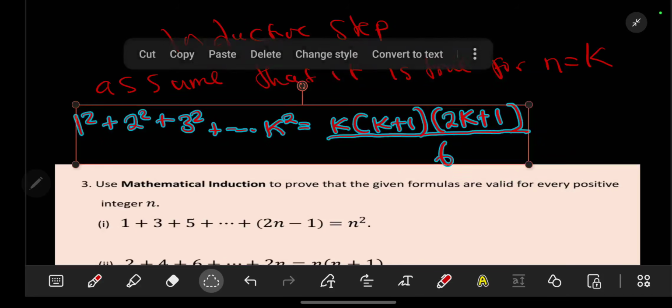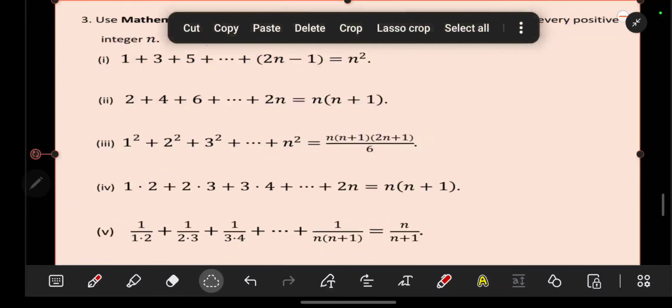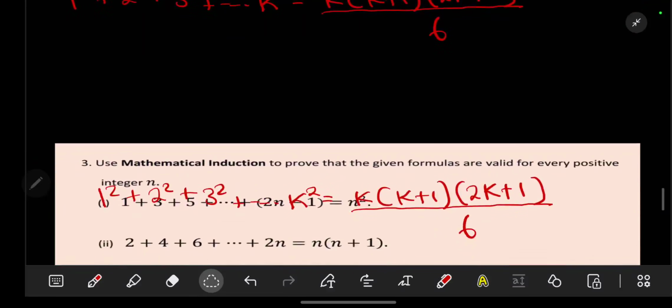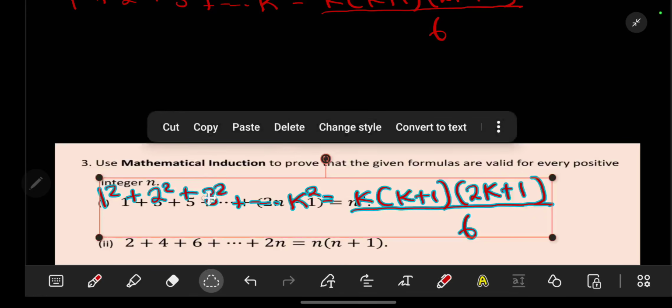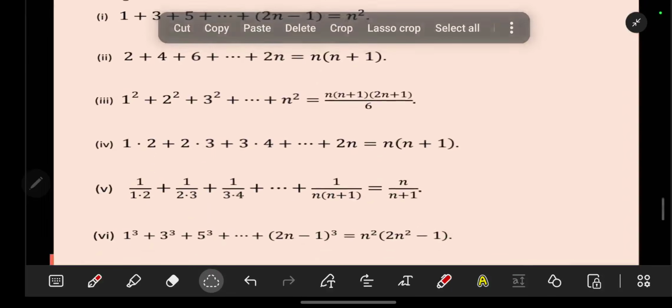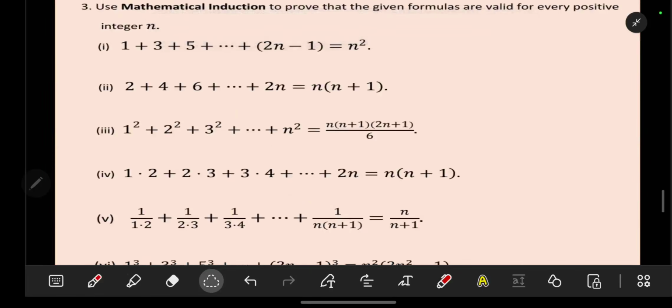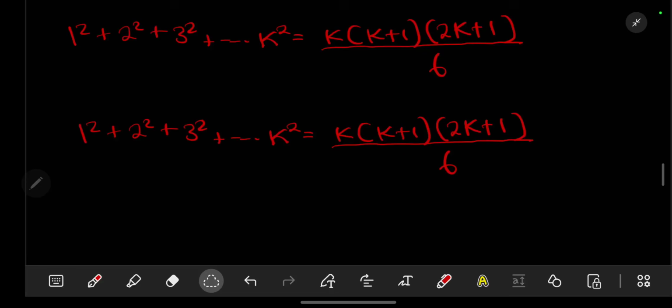So after you put the equation here, for the inductive step, that's the only thing you are doing. After you do that with the inductive step, you are now going to go to the inductive hypothesis by advancing it for the next term. So is the formula true for the next term?